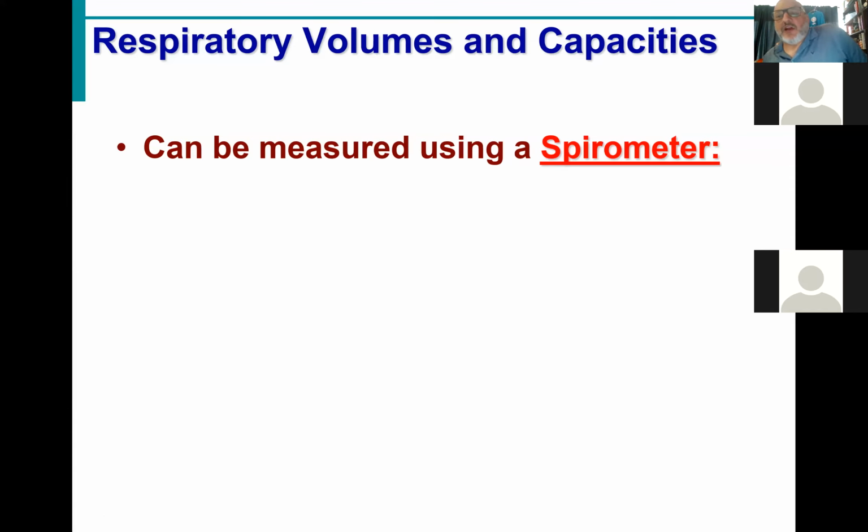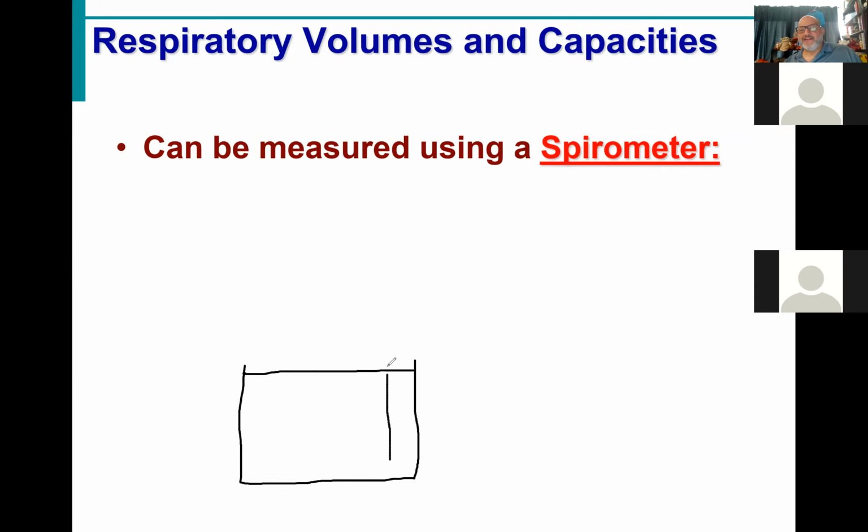Luckily, then, we are able to measure these things using a machine called a spirometer. Now, back in ancient times, and by ancient times, I mean when I was in grad school, a spirometer was an incredibly technical piece of equipment. It was a large bucket that was filled with water. And inside of that bucket filled with water, you put a second bucket turned upside down.